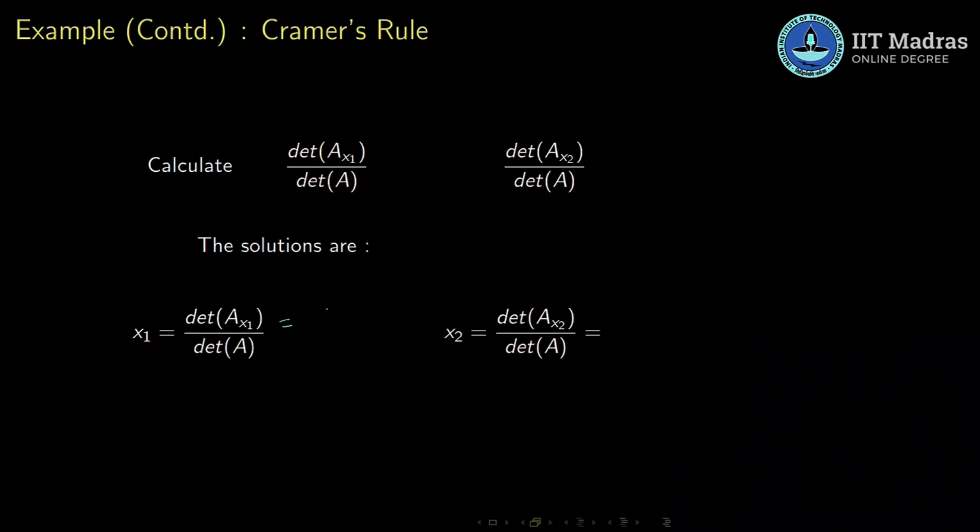So, x1 is 2, remember that is what we got in the first slide, and x2 is minus 1, which is exactly what this is. So, at least in this example we have this strange method using determinants, and it gives us the solutions that we should have got.